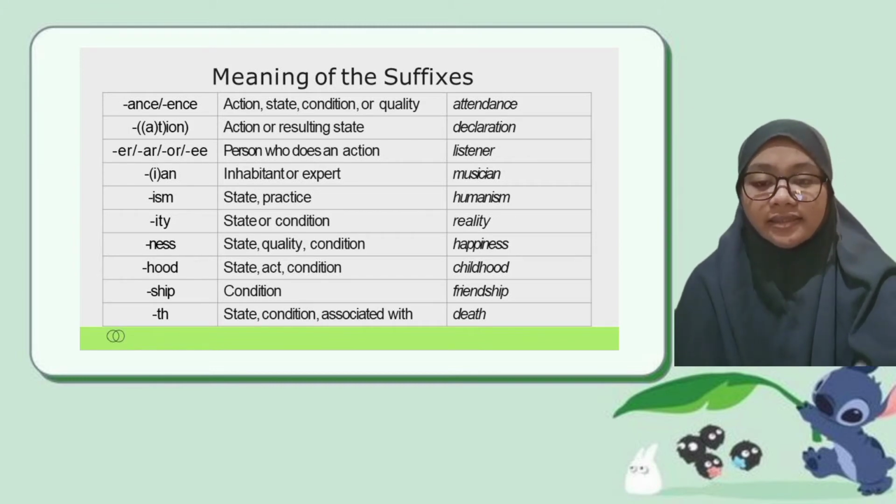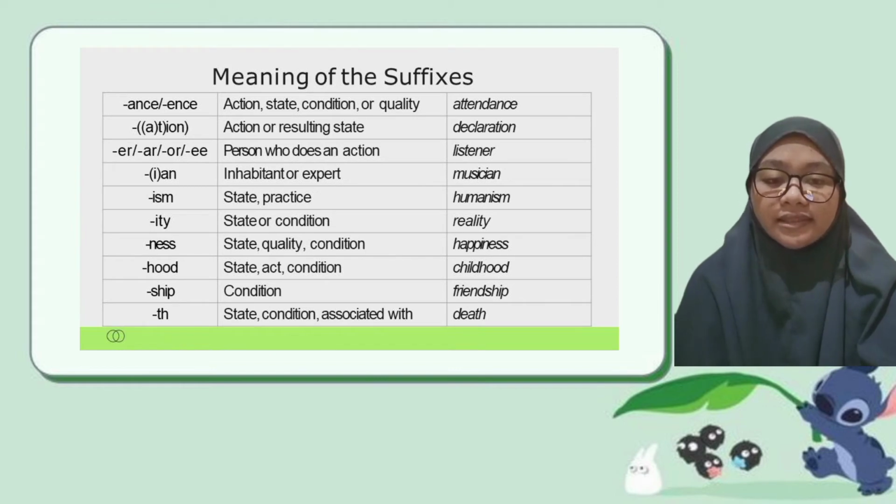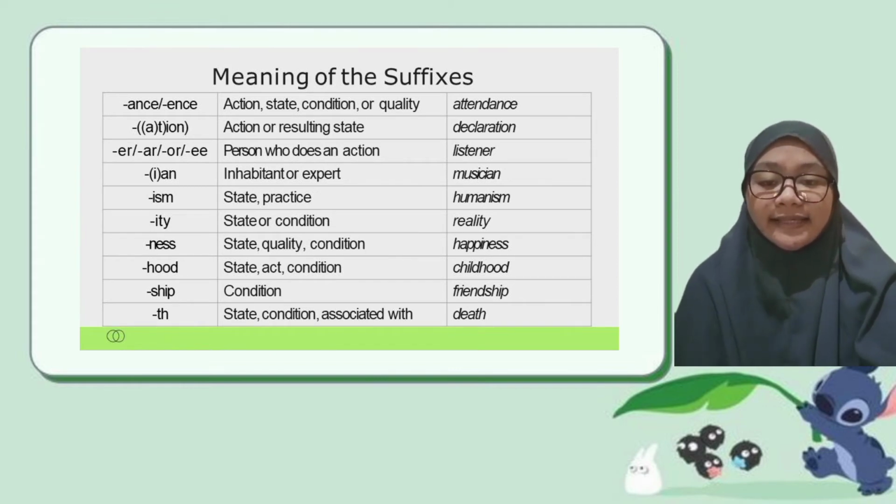The next is -ian. The meaning is inhabitant or expert. The example word is musician. The next is -ism. The meaning is state, practice. The example word is humanism.